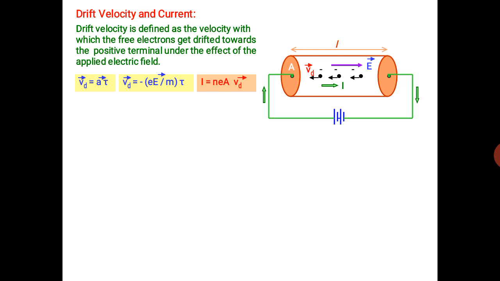Now finally we can write the electric current as I equal to nAe Vd, where n is the electron density and A is the cross-sectional area.